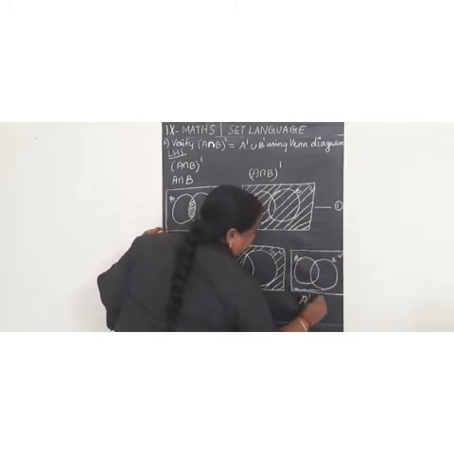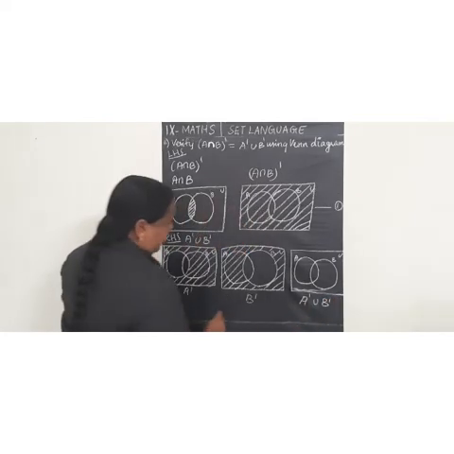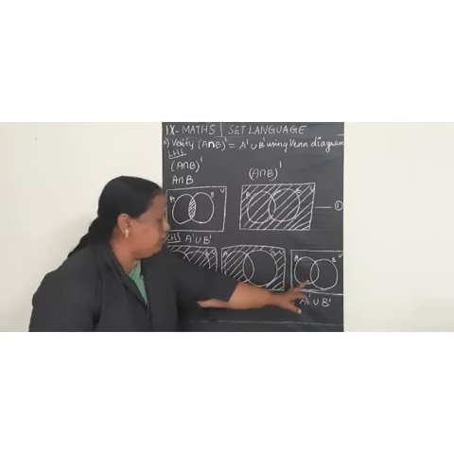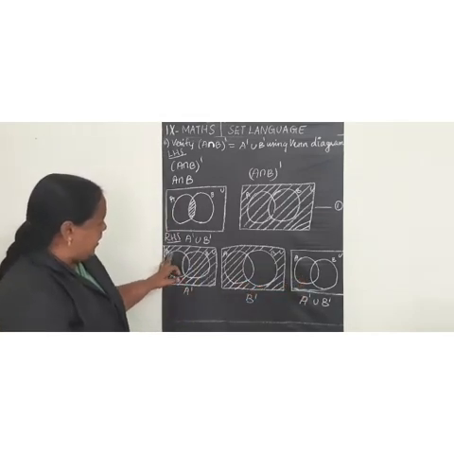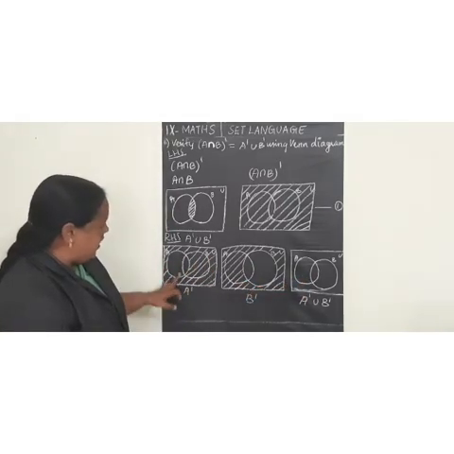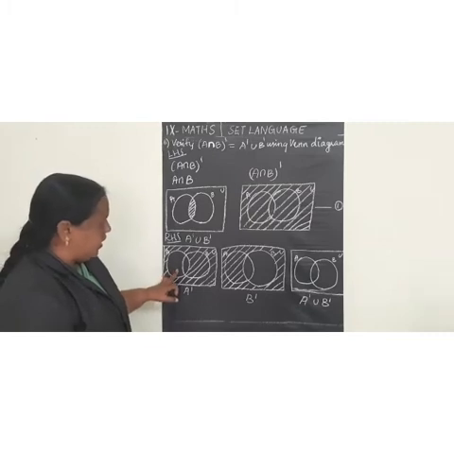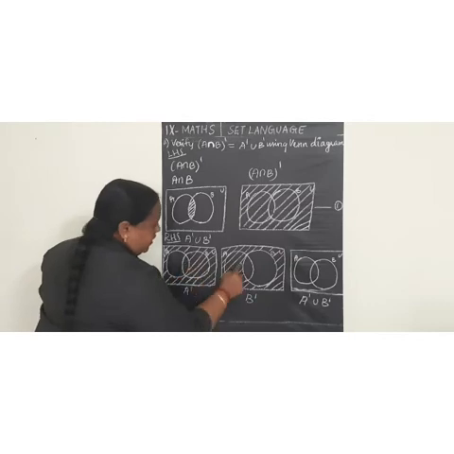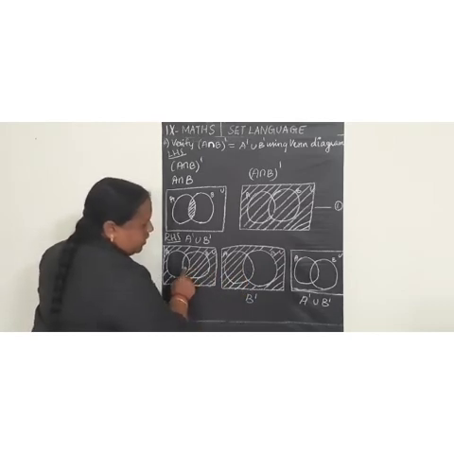A dash union B dash: now we combine both and draw it here. In A dash, A is not shaded; in B dash, B is not shaded. In both, see that the intersection part is not shaded.